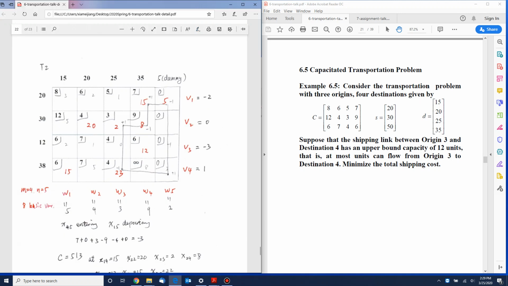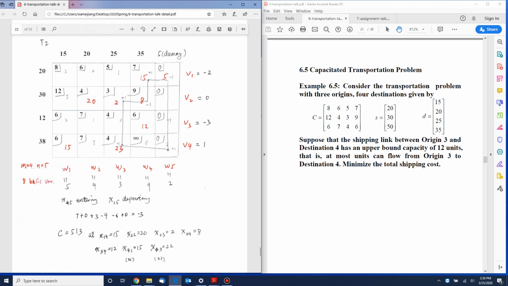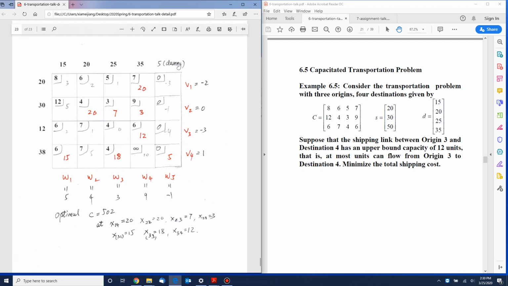Now if we continue to work it out, you can see we find the new tableau, and we work on it, and then we found that's the one we needed to work out, and then we have x4 entering and x15 departing in this part, and this is the optimal solution, and you could copy it when we work on it.